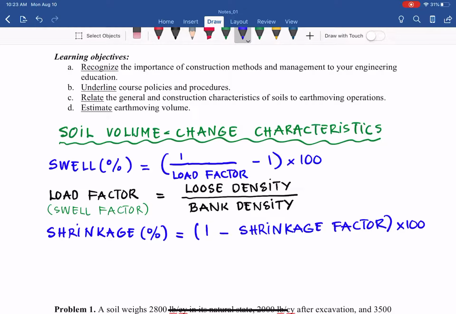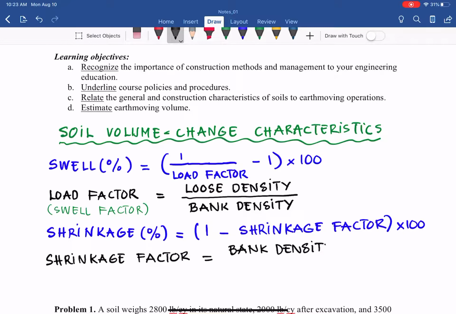And again, what is shrinkage factor? Shrinkage factor equals bank density divided by compacted density.